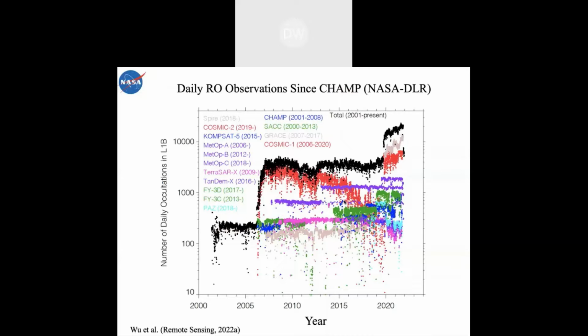In between, there were a number of small constellations like METOP-A and Fengyun, but nothing could make up a significant number like a 6-satellite constellation, until COSMIC-2 and Spire came up in 2019 and 2020. This gives us a total currently of maybe over 20 or even 30,000 per day. So this is what we have currently.